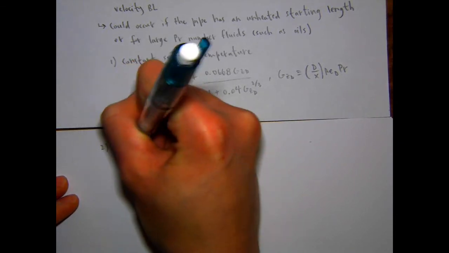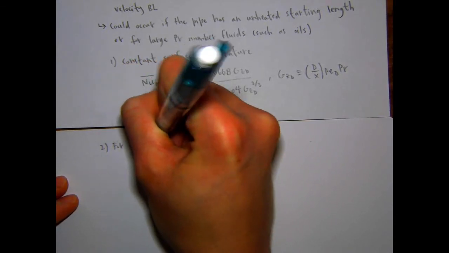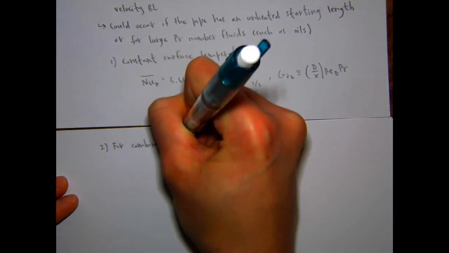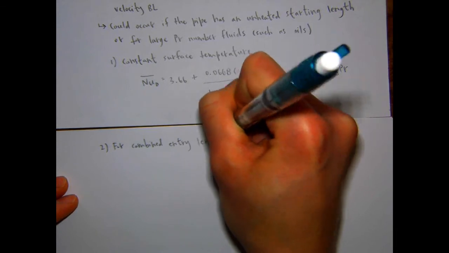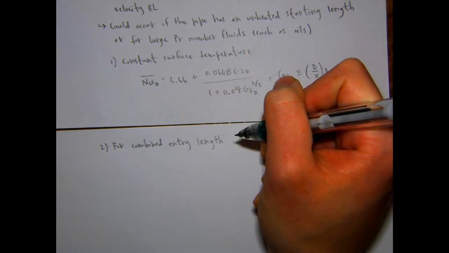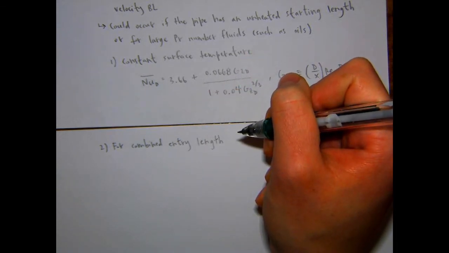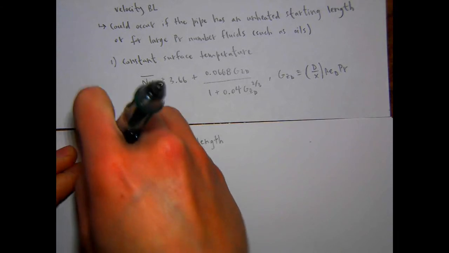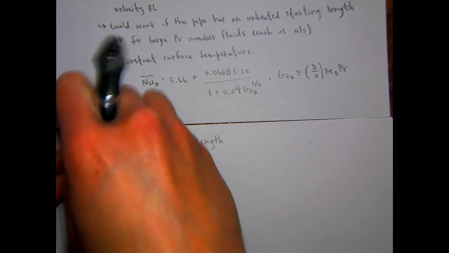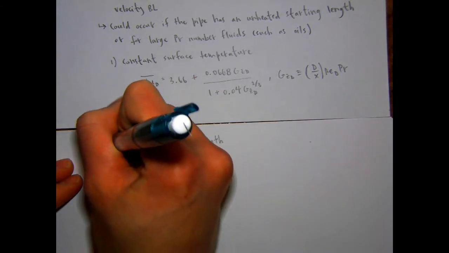For the combined entry length problem, this should be a dash. Keep our notation consistent here.